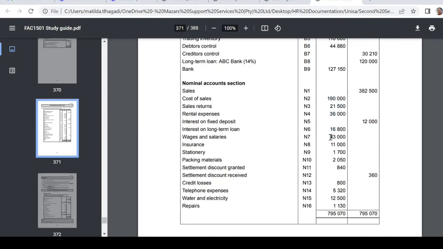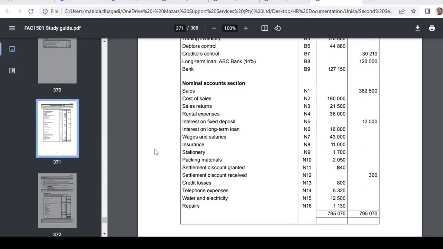Minus this 360, minus 160. Oh, minus all of that. Yeah, we still made a profit.